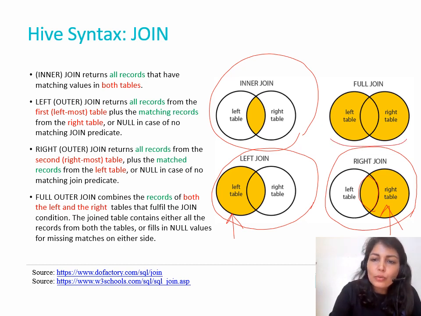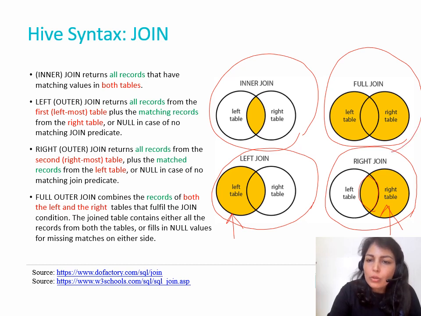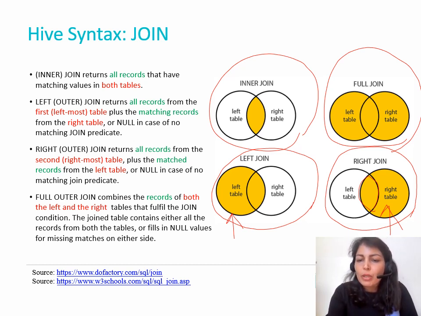Full join or full outer join combines all records from both left and right tables. And the join table contains all records from both tables. If there is a matching record from both sides, that's perfect. If there is no matching record for either side, then return null for that side.